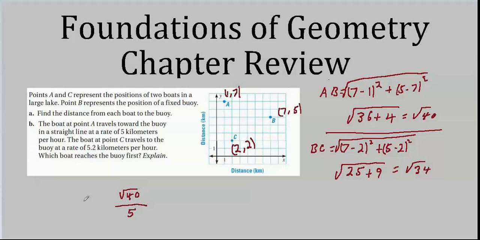And that's how long, in other words, T sub A. That's the length of time it would take boat A to get to the buoy, the square root of 40 divided by 5. Now, the time for boat B to get there would be the square root of 34 divided by 5.2.